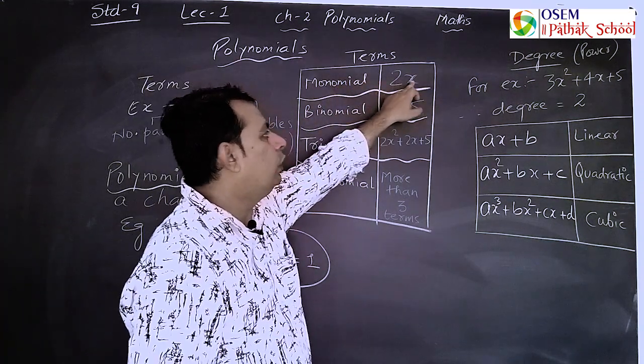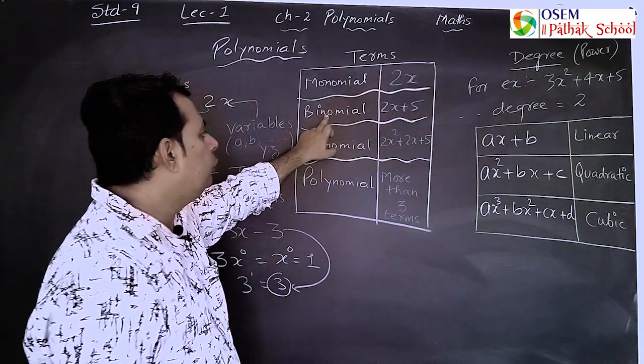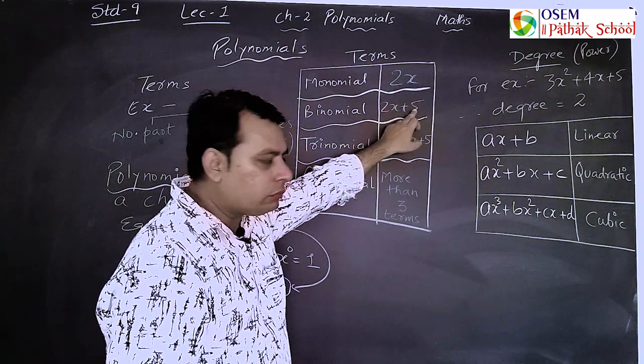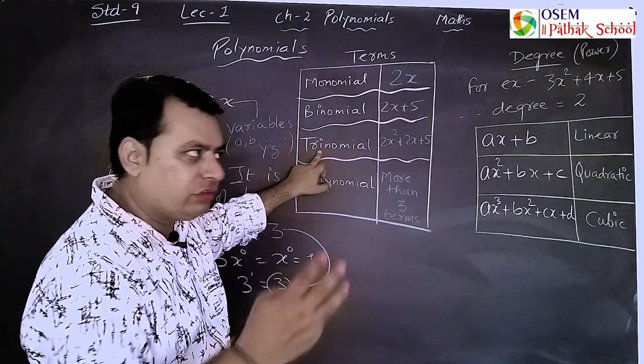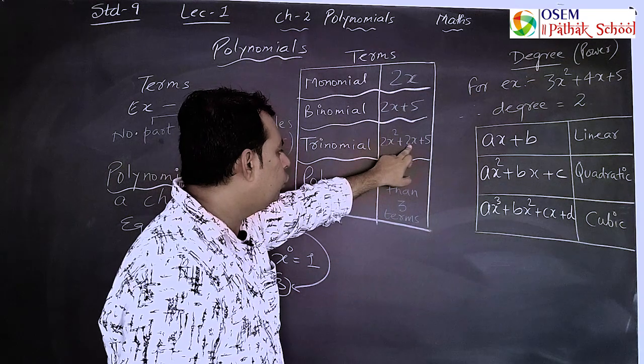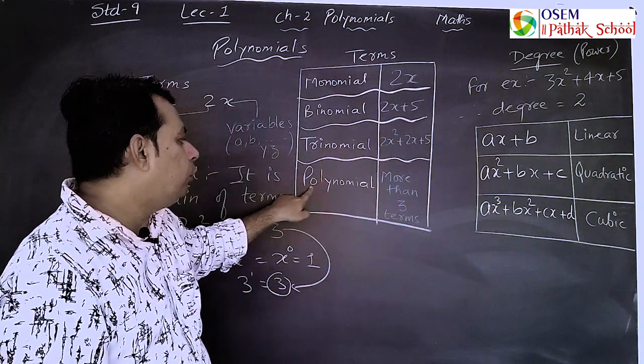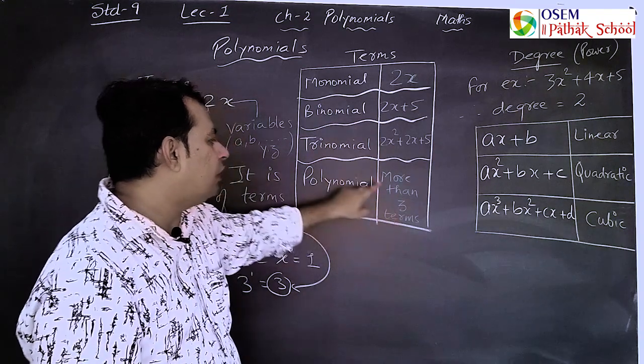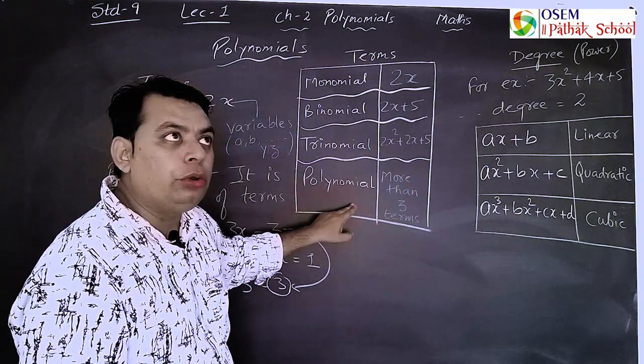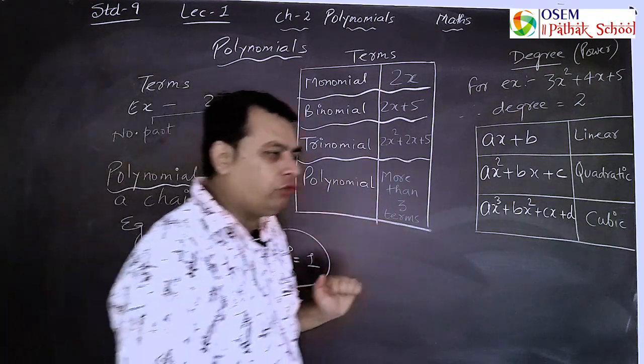Monomial means having one term, binomial having two terms, trinomial itself says 3. It will be 3 terms, then it will be trinomial, and more than 3 terms are classified as polynomials. So you have understood about the terms.